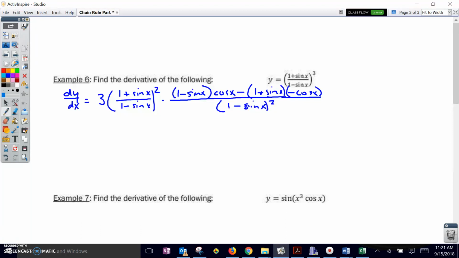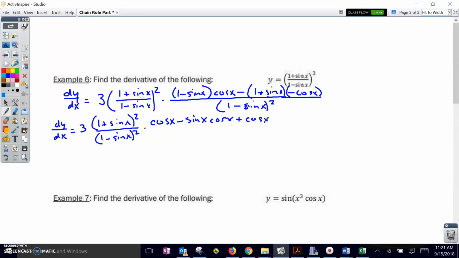Okay, and now I need to clean this up a little bit. So I've got 3, and I've got the quantity 1 plus sine of x, quantity squared, over 1 minus sine of x, quantity squared, in that first piece. And I've got cosine of x minus sine of x cosine of x plus cosine of x plus sine of x cosine of x, making sure to distribute my negative sign through that whole thing, all over quantity 1 minus sine of x quantity squared.